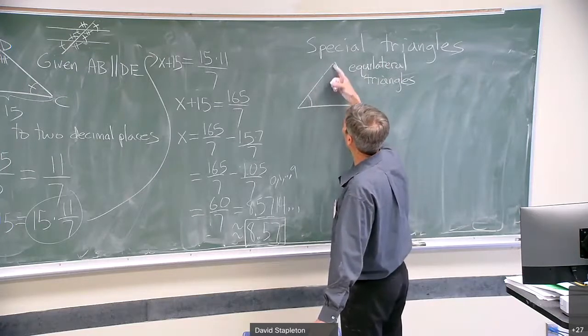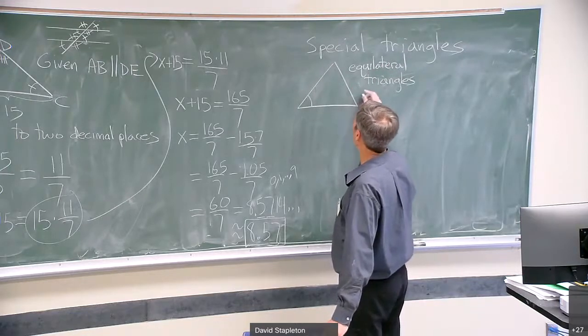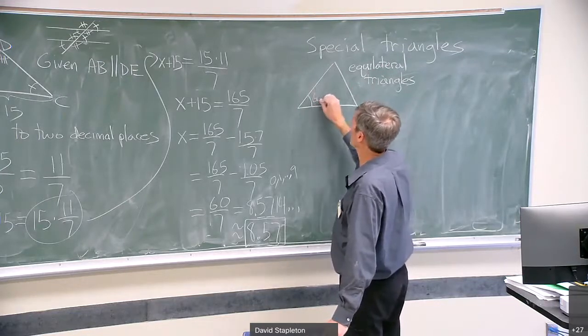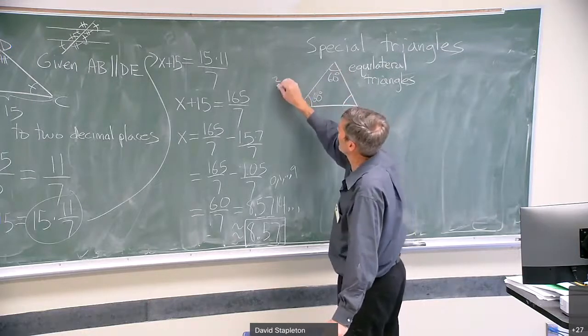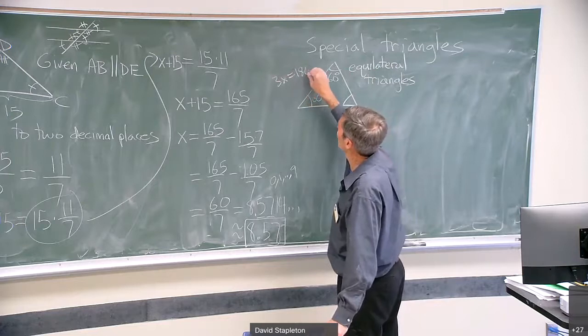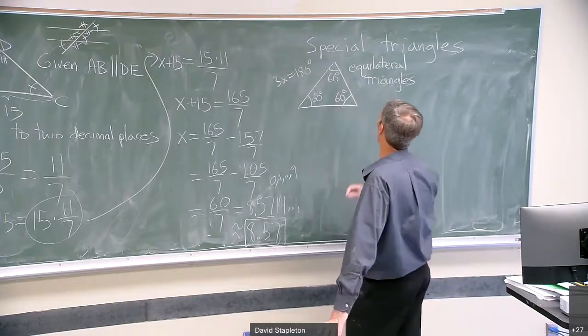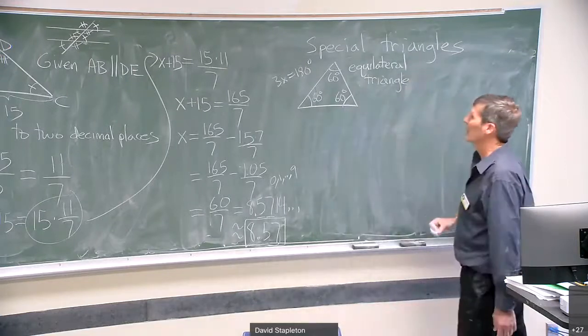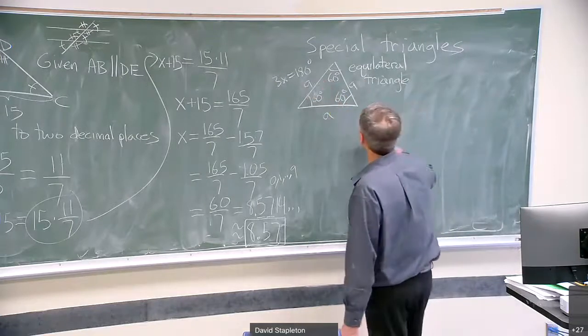So if the 3 angles have to add up to 180 and they're all equal, then 3 times the angle is 180. Each angle must be 60. Right? You put 3x equals 180 degrees, divide by 3 and get each angle must be 60 degrees. So there's an equilateral triangle. And all its sides will be the same measure, call it a, right?